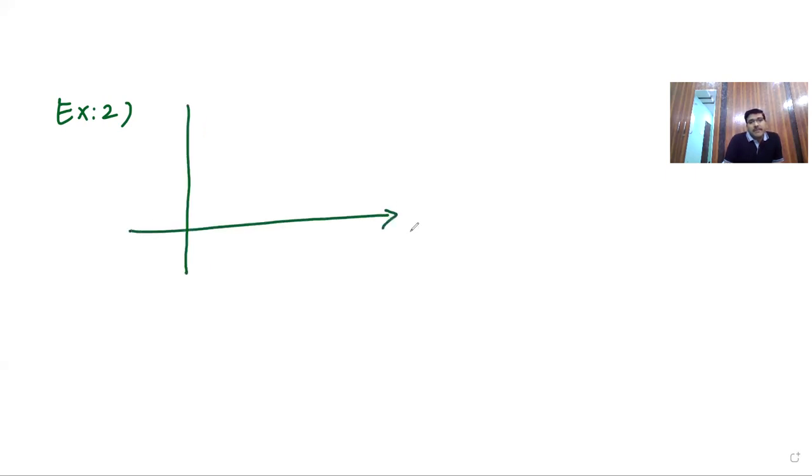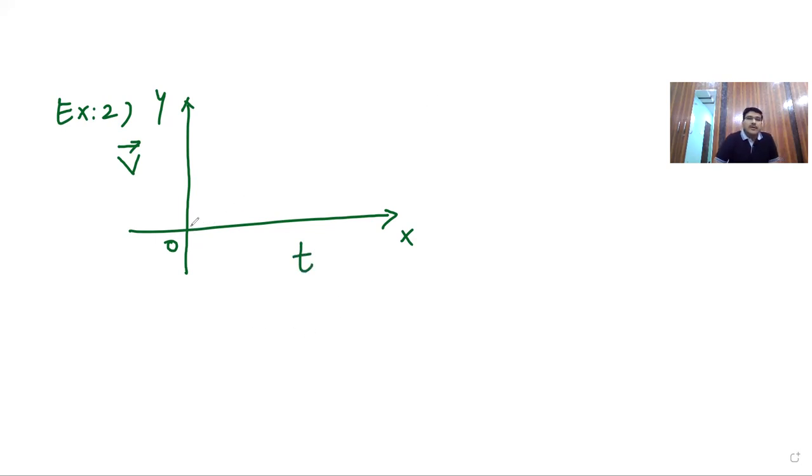Okay. Now, let me take up another graph, example 2. This is the graph, x-axis, y-axis, horizontal. On the x-axis, velocity v, on the y-axis, time t.